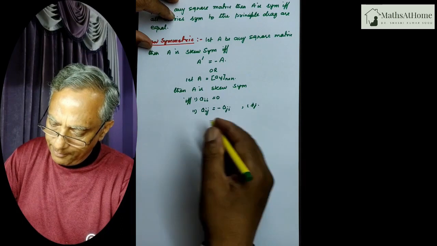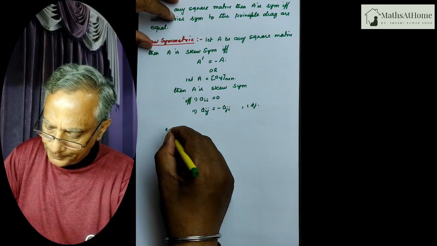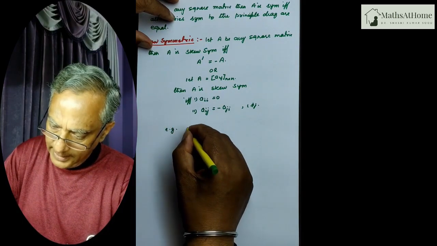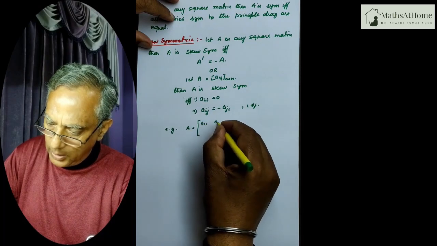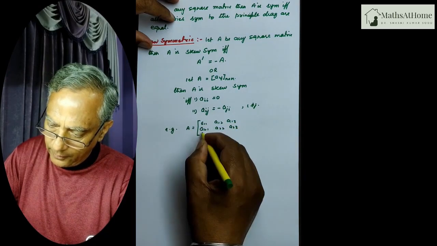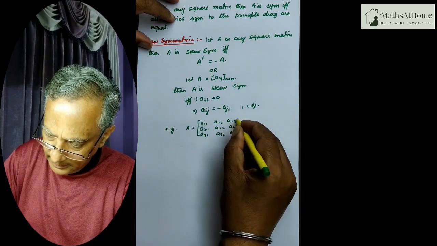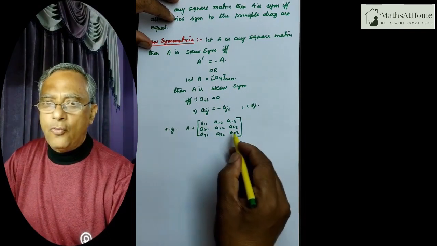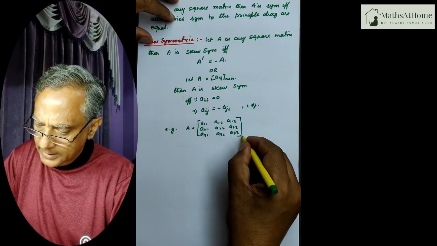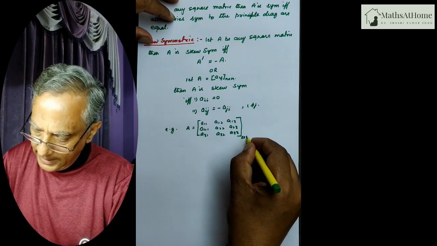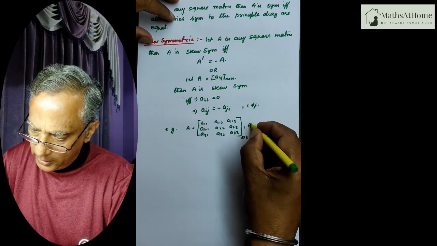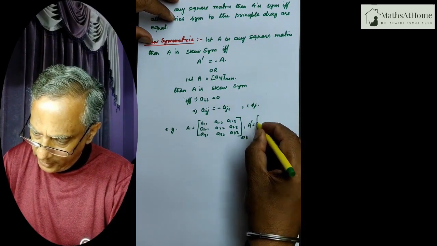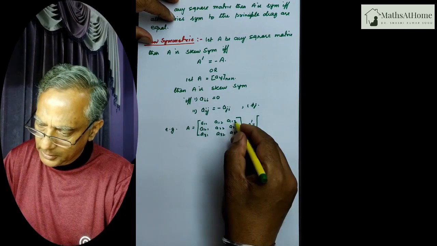Now I take an example. For example, A is equal to, say, let A be a general matrix of order 3 cross 3. Then A dash is equal to, what we do is this row will become this column.